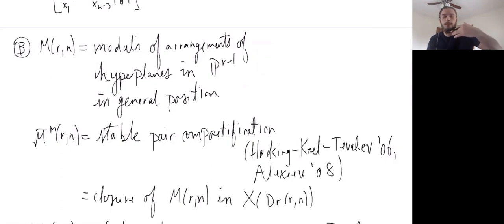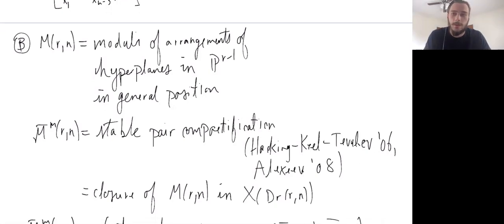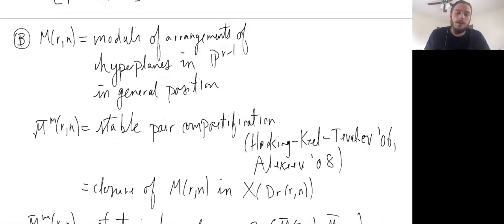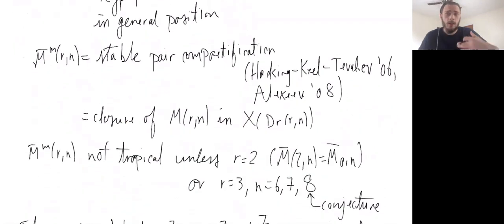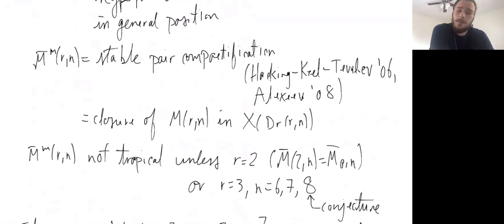M0,n bar. It can be described as the closure of the space in some particular toric variety here. I'm not going to describe what this toric variety is, but it's very complicated, and this compactification is usually not going to be a tropical compactification.